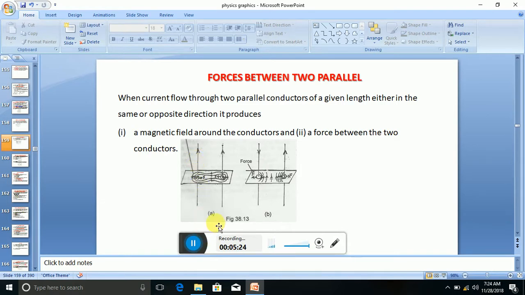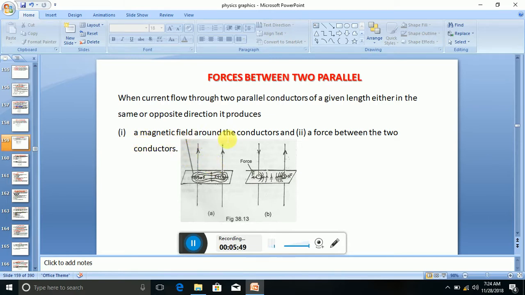So whenever you have current flowing through this conductor and this other conductor in parallel, either in the same direction or in the opposite direction, two things must happen, provided they are of the same length.